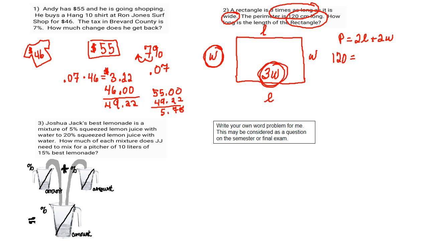Okay, that helps you avoid having the 2-letter thing, and you end up with just one variable inside here. Very good. So I'm going to go 2 times the length here, which is 3 times the width, plus 2 times the width, which is just W anyway. So we get 6W plus the 2W is the 8W equals the 120.